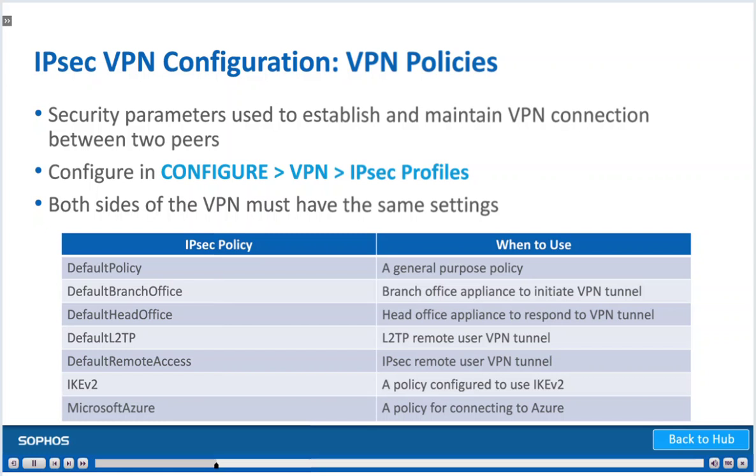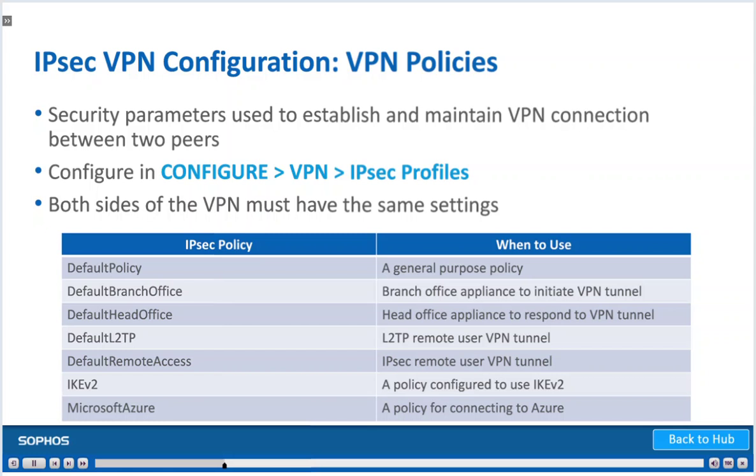The table here shows the pre-configured IPsec policies that are included with the XG firewall. Custom policies can also be created for compatibility with other products, or if the predefined security policies do not meet your company's security requirements.